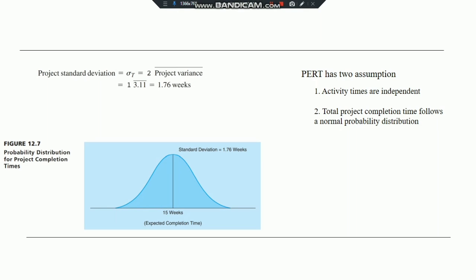To find the probability that Harky's project will be finished on or before the 16-week deadline, he needs to determine the appropriate area under the normal curve. The standard normal equation can be applied as follows.